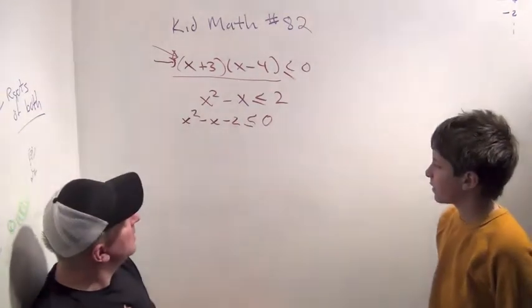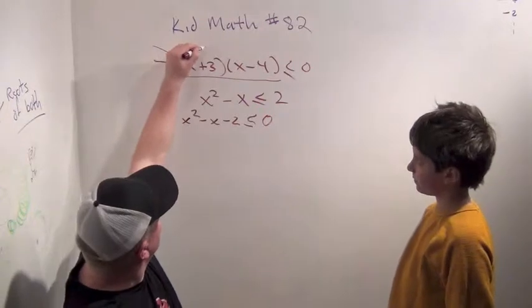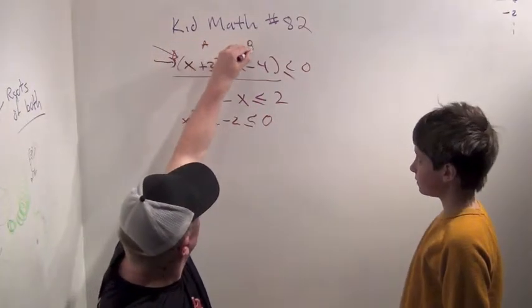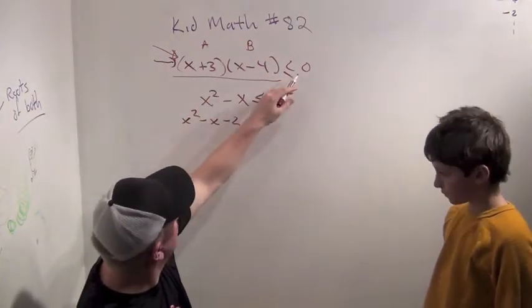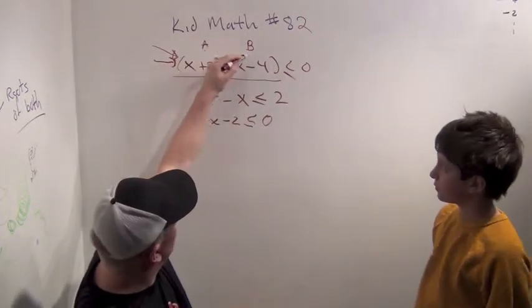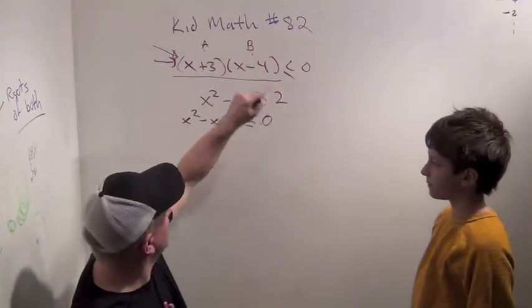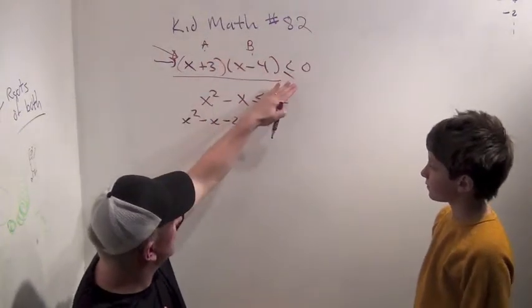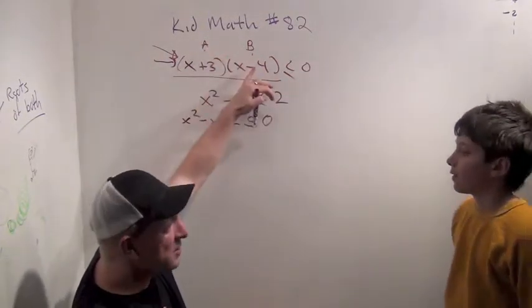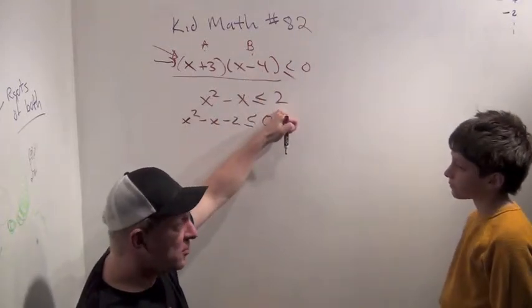No. If two numbers, I'll call them A and B, multiply to be 0, then either A is 0 or B is 0, or both. At least one has to be 0. That's not true for 2.